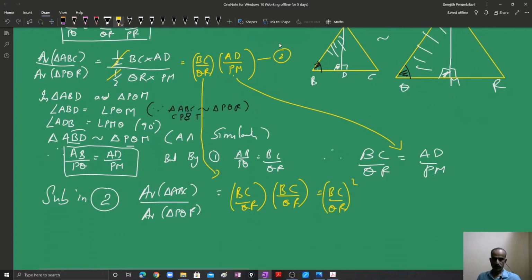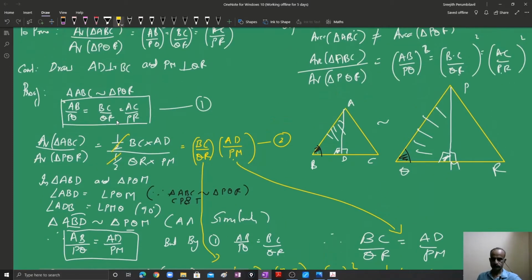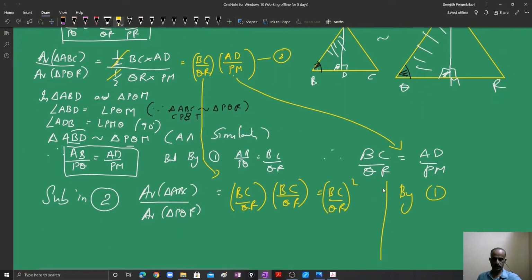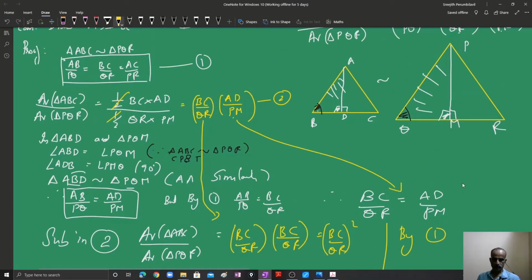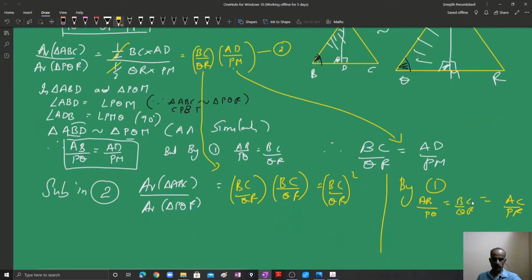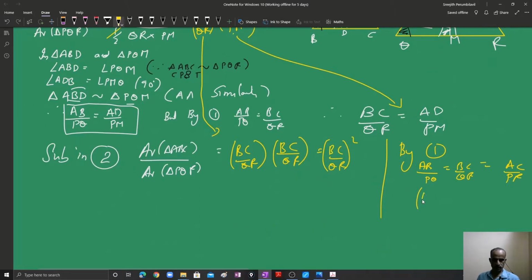By relation 1, AB by PQ is equal to BC by QR is equal to AC by PR. If that is equal, how about their squares? Their squares are also equal.